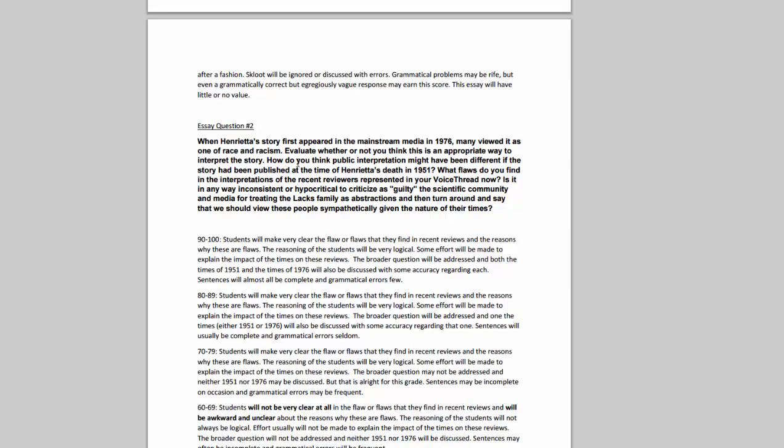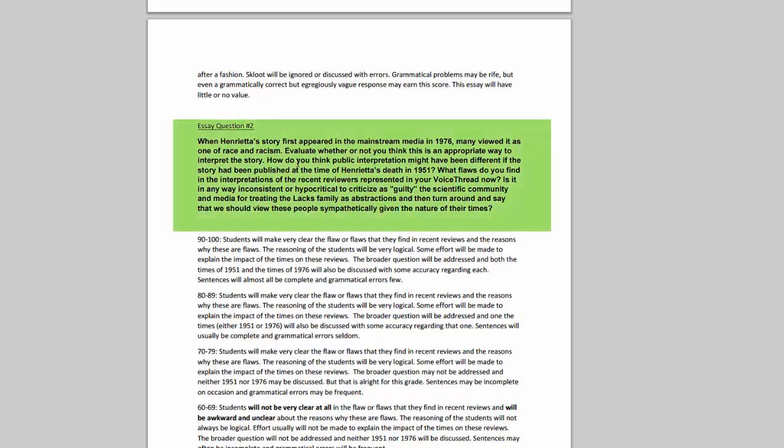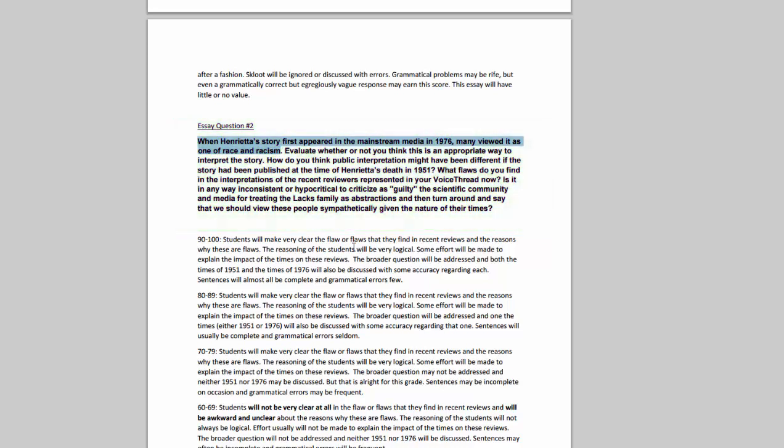Now, question number 2 is also very complicated at first glance, but basically the first sentence sums up the question. Many viewed it as a story of race and racism when it appeared in 1976. Obviously, if the story had come out in 1951, very few people would have cared. Another illustration of how different times are.